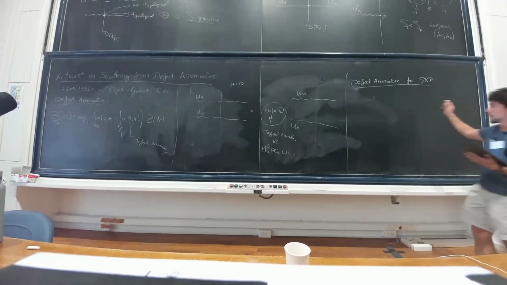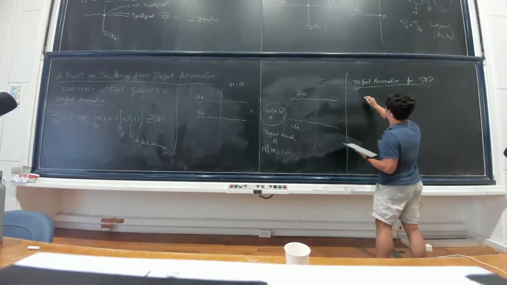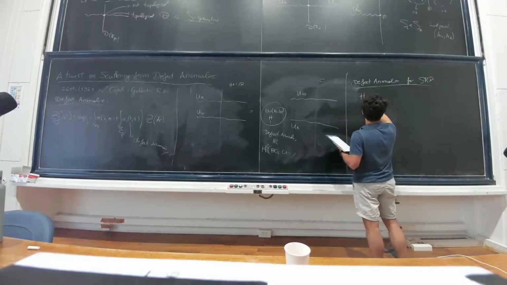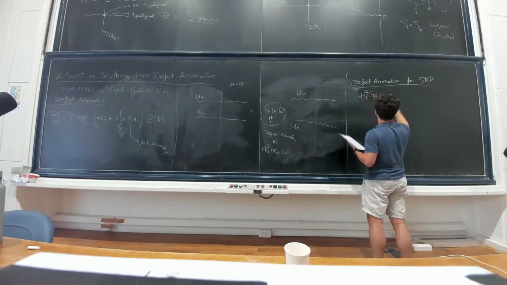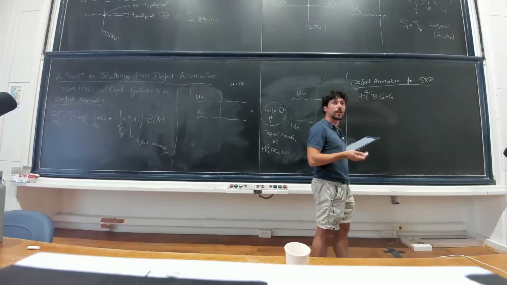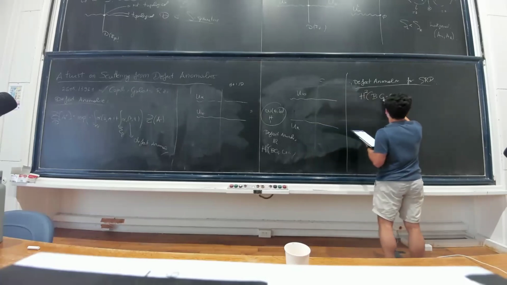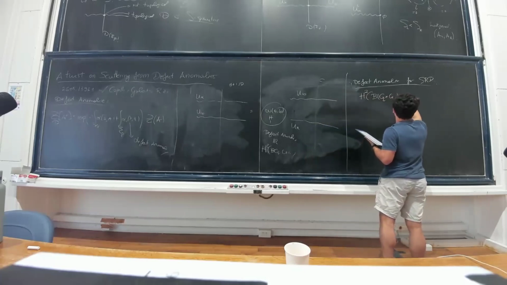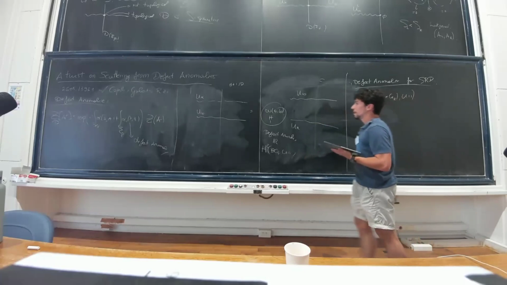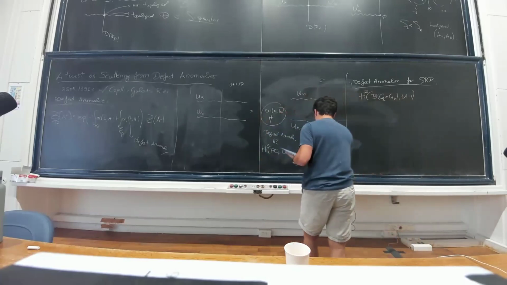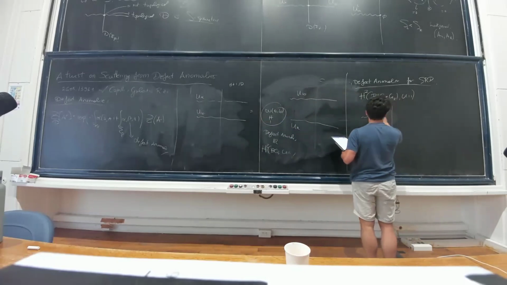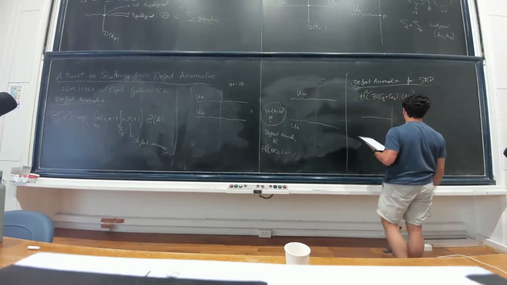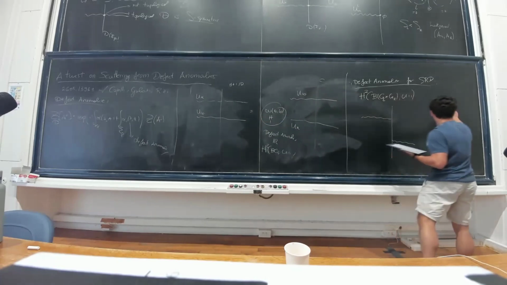So for defect anomalies for a group symmetry, in the case of symmetry reflecting defects, the anomaly will be labeled by... And in general, if you have two different theories on the left and on the right with different groups, you'll have G left and G right. And what is the analog of this viewpoint? Well, it's very simple. Because now we can terminate a symmetry operator from the left and a symmetry operator from the right.